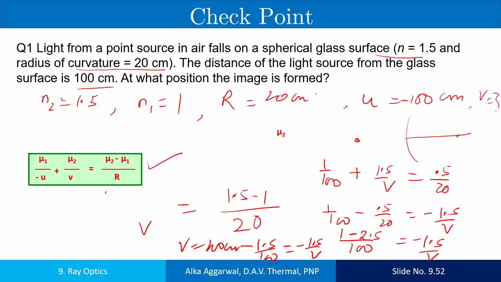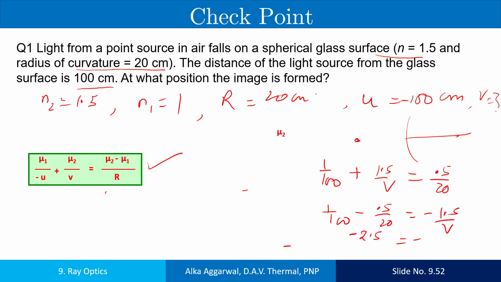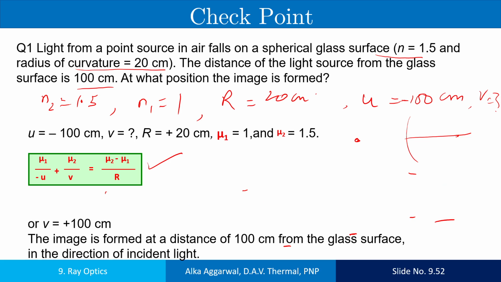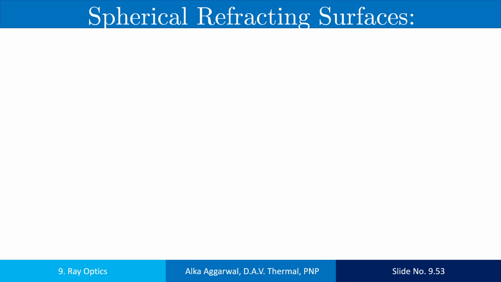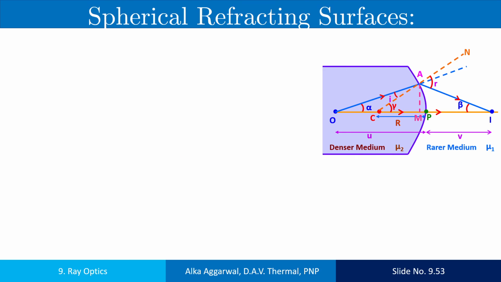Hopefully you are able to understand this type of numerical and you can solve all numericals of the same type. Now let us move forward. Now the spherical refracting surfaces when the object is in denser medium.